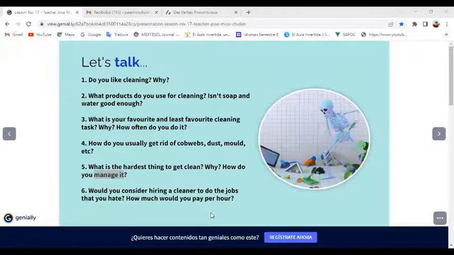But the problem is obviously if you don't have a healthy economy, if you can't afford this job, probably you don't have another option, you must do it. How much will you pay per hour?